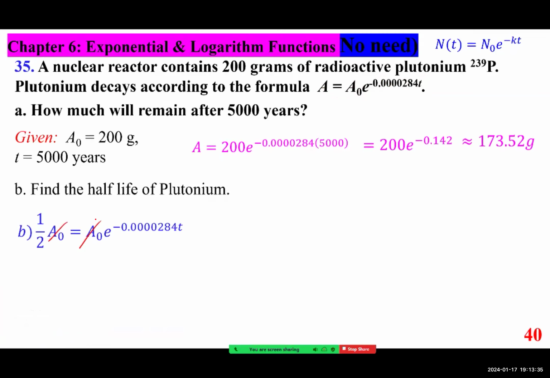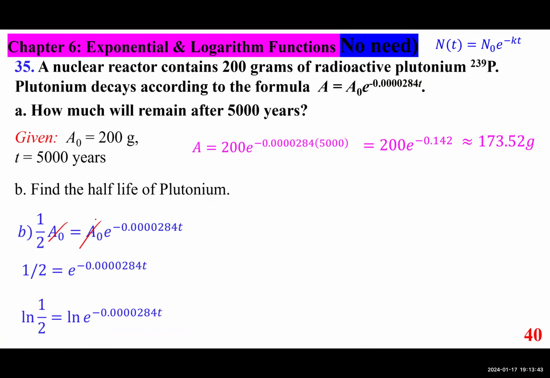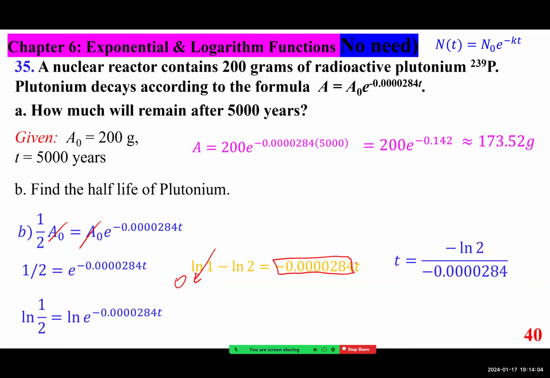And now if I take the natural log of both sides, the left side is ln 1 minus ln 2, and the right side, just the exponent comes down. And as you know, ln 1 is 0. So you divide both sides by this number, negative 0.0000284.